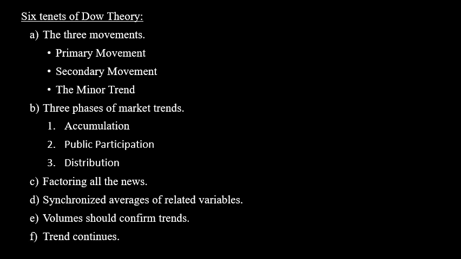Then what does accumulation mean? A small group of investors start accumulating the shares of a particular company that are likely to reach higher levels. But the price does not change at this stage, as only a few investors are buying.